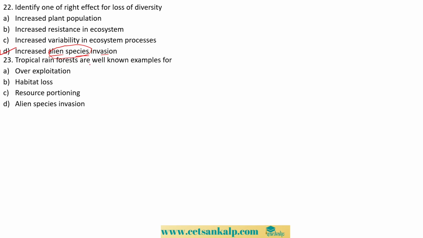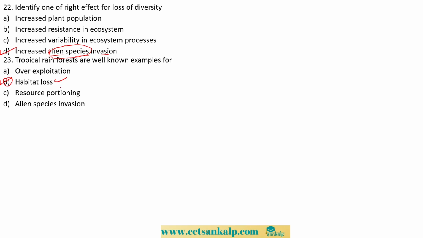Yes. The next question. Tropical rainforests are well-known examples for over-exploitation, habitat loss, resource partitioning, alien species invasion. They are mainly known for habitat loss. They have given the Amazon rainforest, which is destroyed mainly for cultivation of soy and for wood and timber.